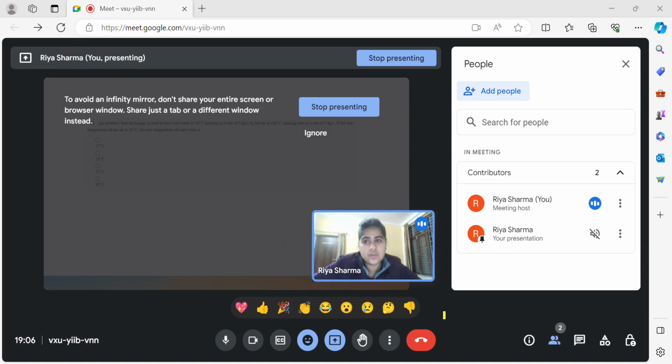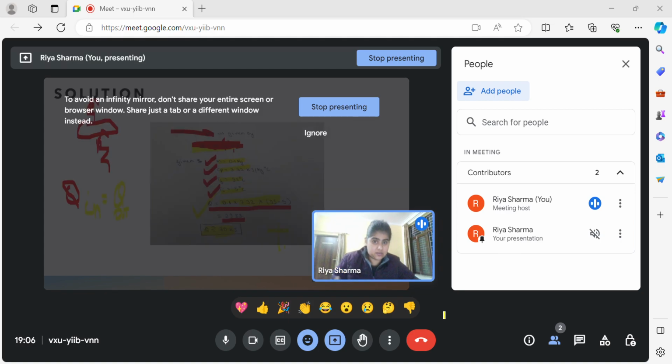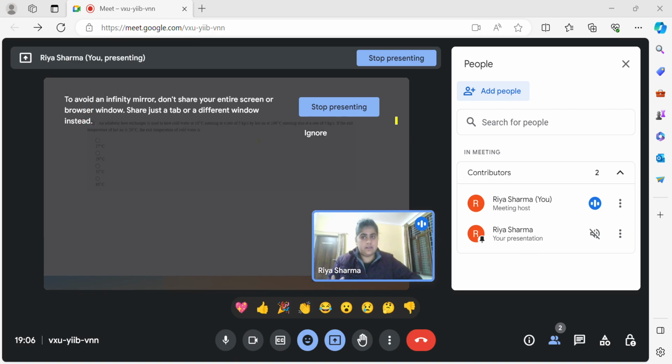If the exit temperature of the hot air is 20 degrees, the exit temperature of the cold water is... I am not here to solve assignment problems, but I have taken these problems so that you will be able to solve them. If you think about Q in and Q out in a steady state, and that Q is given by this formula, this question becomes very easy.